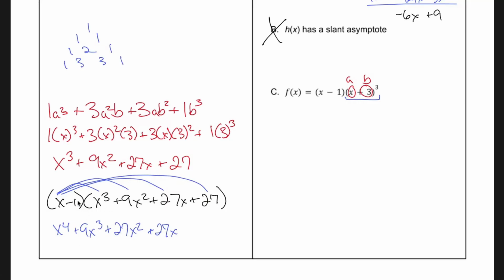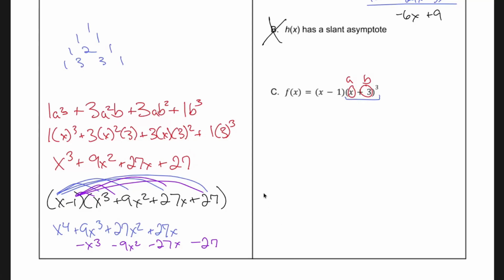Okay, negative x cubed, negative 9x squared, negative 27x, negative 27.